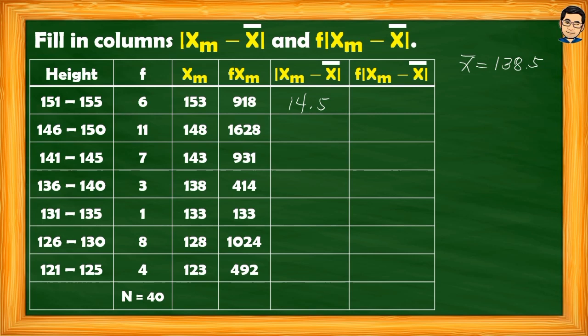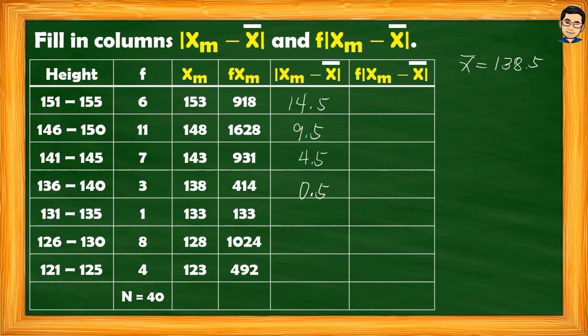Next, 148 minus 138.5. That is 9.5. 143 minus 138.5 will have 4.5. 138 minus 138.5, that is negative 0.5. Since negative siya, kunin natin absolute value, it will become 0.5. Next, 133 minus 138.5, that is negative 5.5.